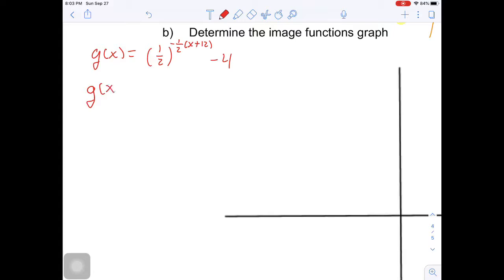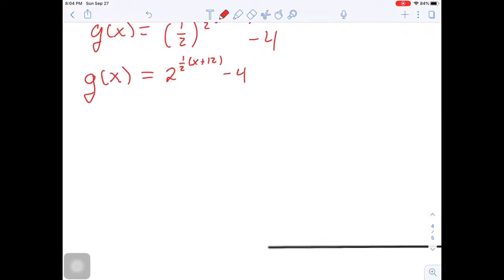So notice here, g of x can also be represented by applying the negative value to my 1 over 2. I'm going to flip this and take the reciprocal to make this positive. So this will be 2 to the power of 1 over 2 x plus 12. And that's going to make my life quite a bit more simple.